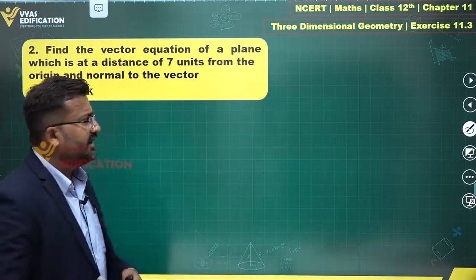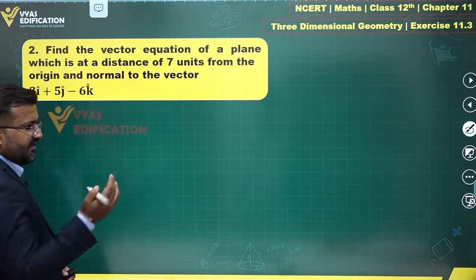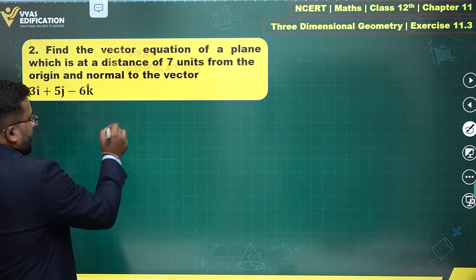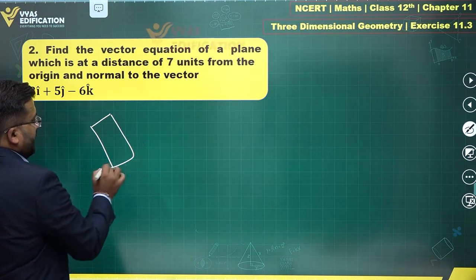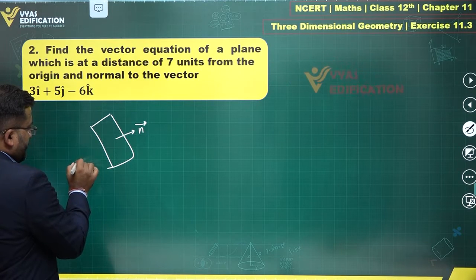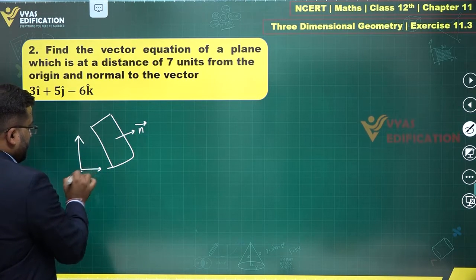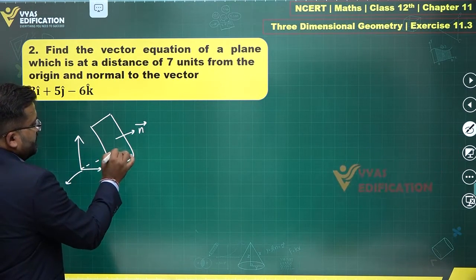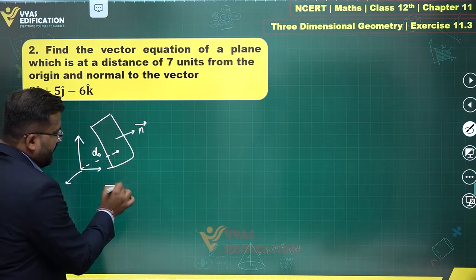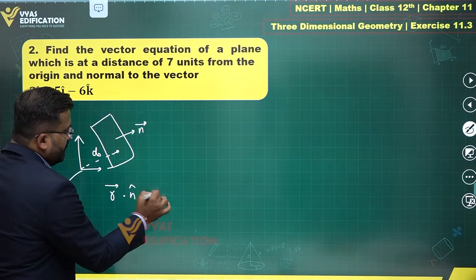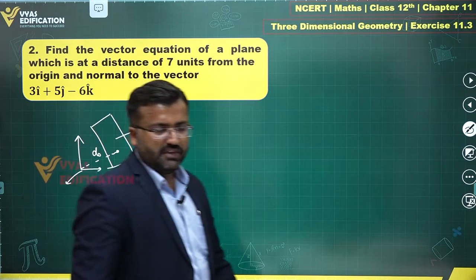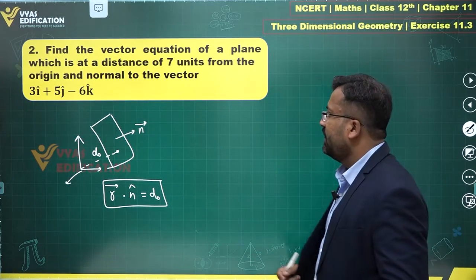So you're dealing with a vector equation, and if you are given the normal vector of the plane and the distance from the origin, let's say this is the origin, and you are aware of this particular distance d naught, then the equation of plane will be r vector dot n cap is equal to d naught. This is the equation of the plane in this particular normal form, right?